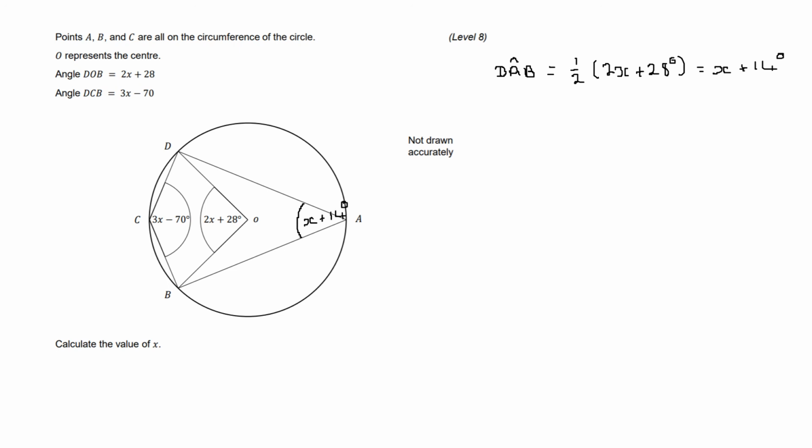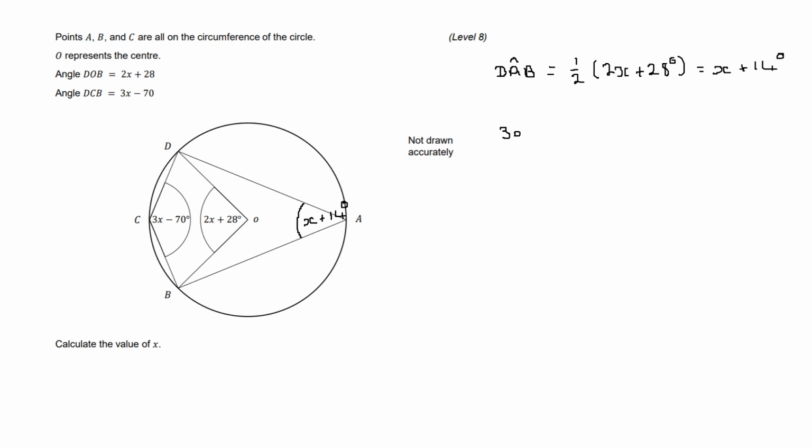I also know that ABCD is a cyclic quadrilateral. Opposite angles in a cyclic quadrilateral add up to 180 degrees. So I know that 3x minus 70 degrees plus x plus 14 degrees is going to add up to 180. And I can use that fact to work out what x is.